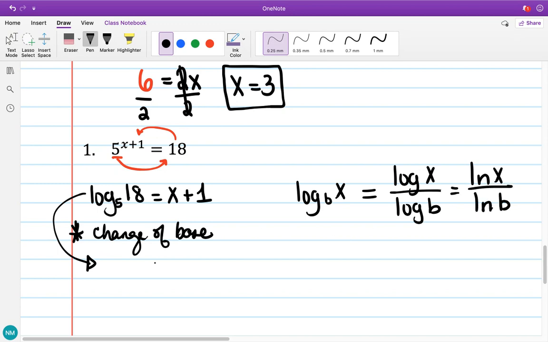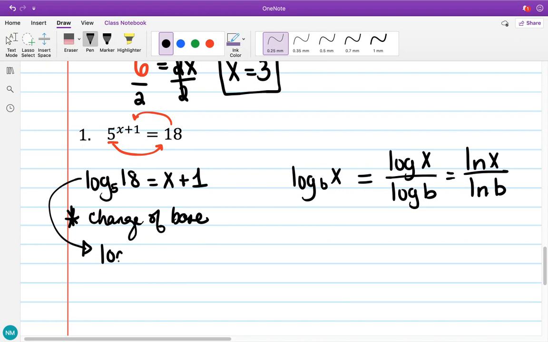Either way it works. So I'm going to do log, remember log by itself is base 10, so log of 18 over log of 5 equals x plus 1.